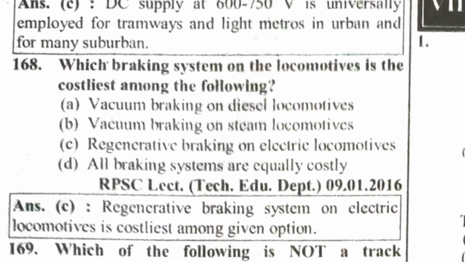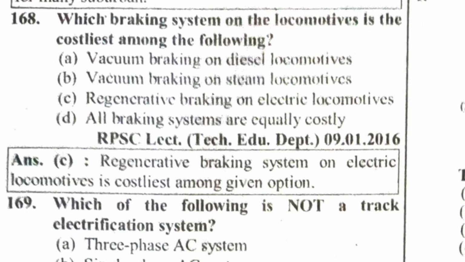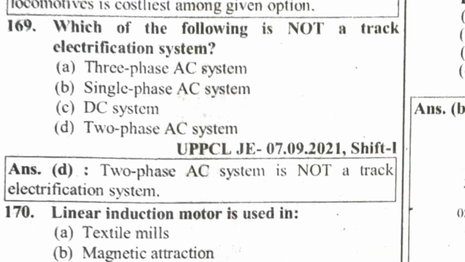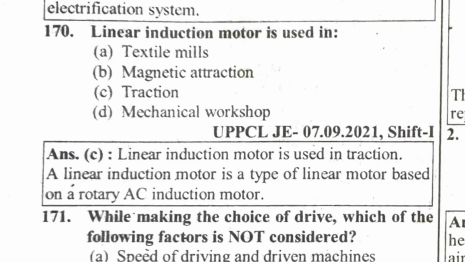Which braking system on the locomotive is costliest among the following? Regenerative braking on electric locomotives. Which of the following is not a track electrification system? Two-phase AC system. Linear induction motor is used in traction.